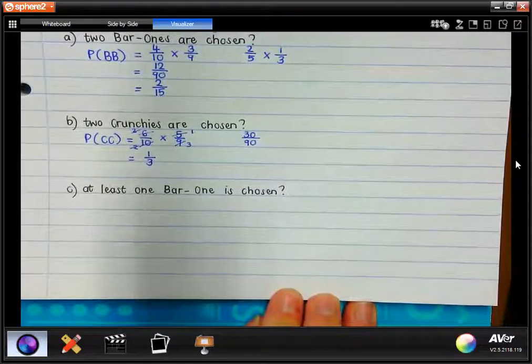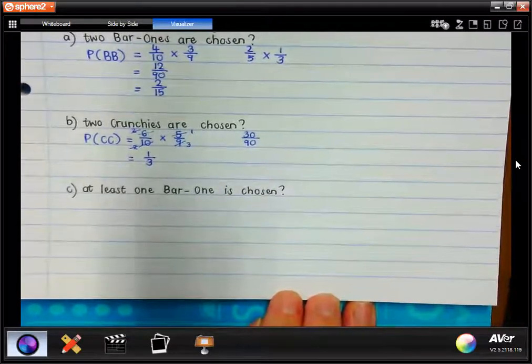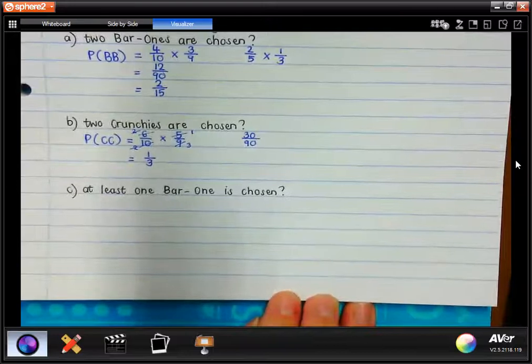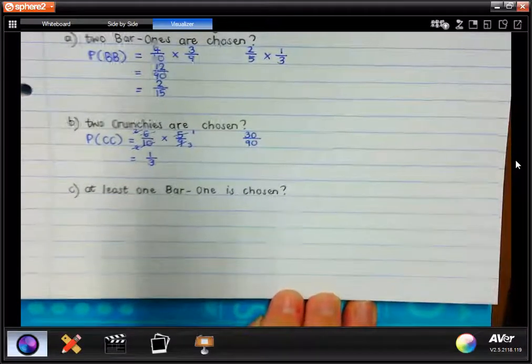Okay, now guys, if we're saying at least 1 bar 1, does that mean that I can also choose 2? Will that also fall into that category? If I have 2 bar 1s, do I have at least 1? Okay, yes, all right. But if I only have 1 bar 1 and the other one is a crunchy, I have at least 1 bar 1, right?